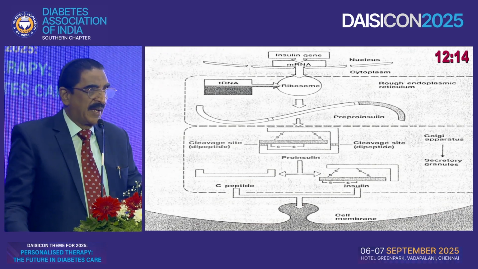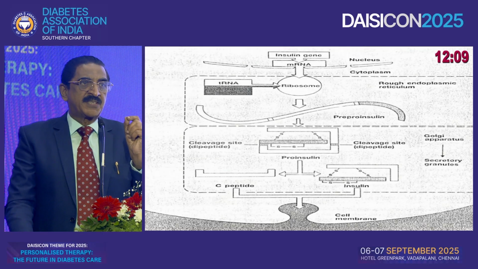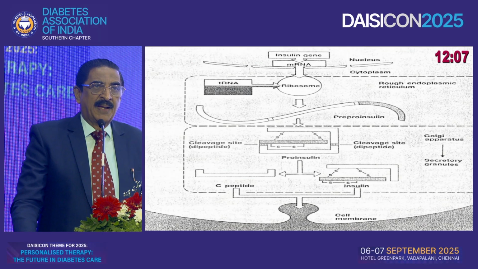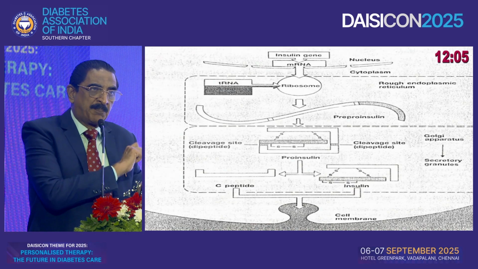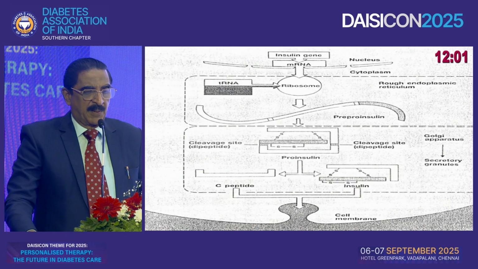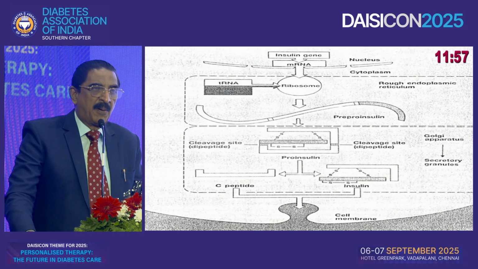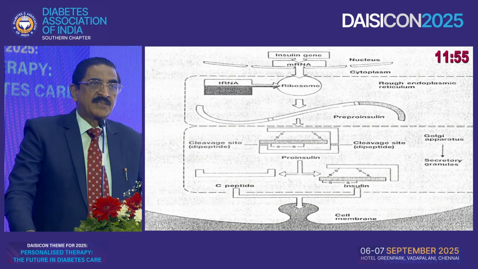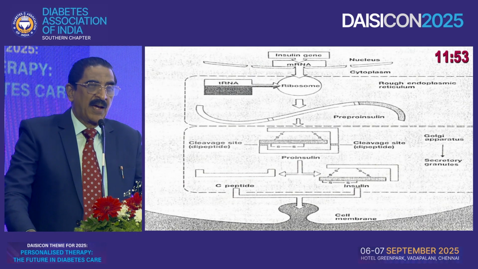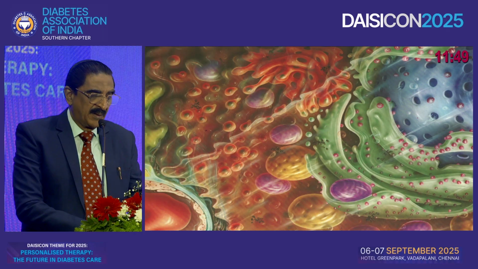The tRNA, or transfer RNA, goes on picking up the amino acids and attaching them to this mRNA, and finally it is released to form the particular peptide. So this happens in the endoplasmic reticulum, and beyond that, some of the folding and cleavages happen in the Golgi apparatus, and finally the insulin granule comes out by exocytosis into the capillary.